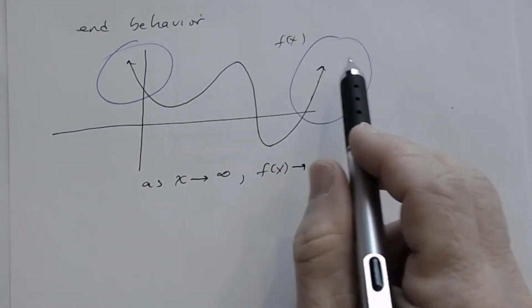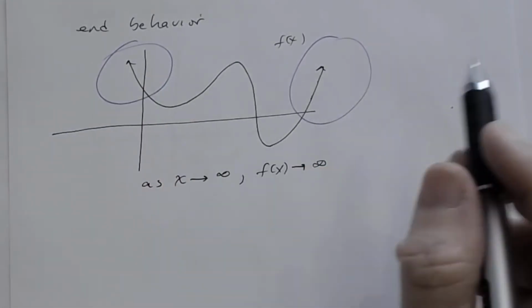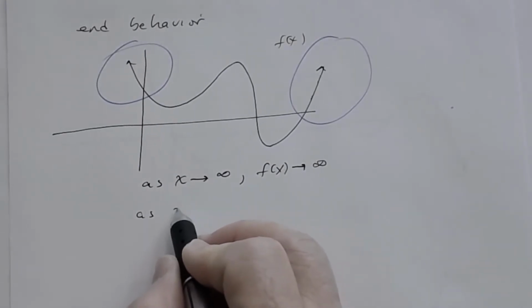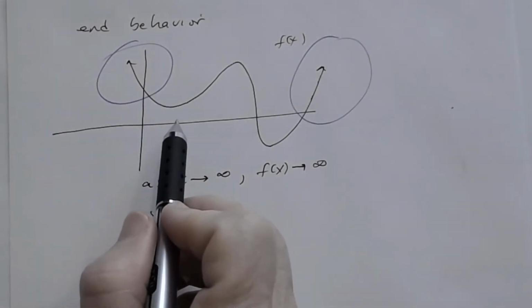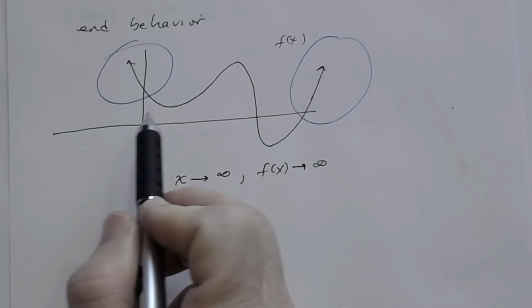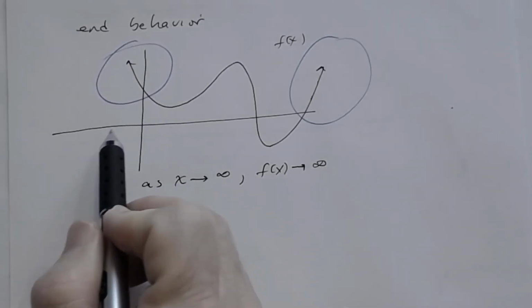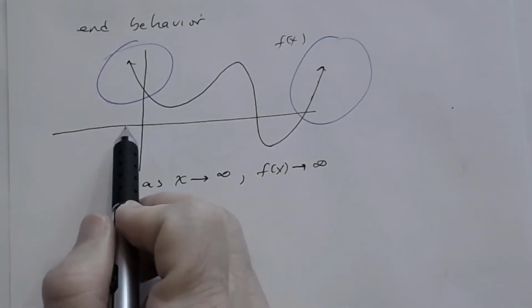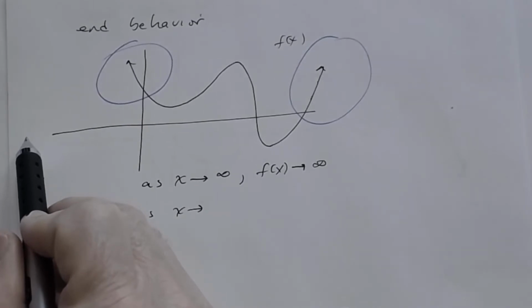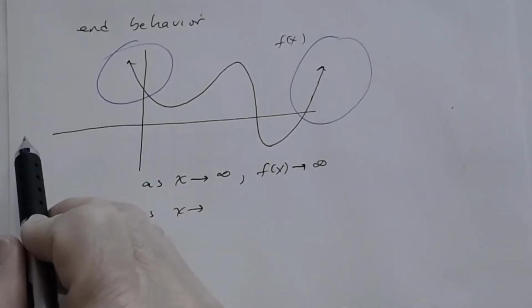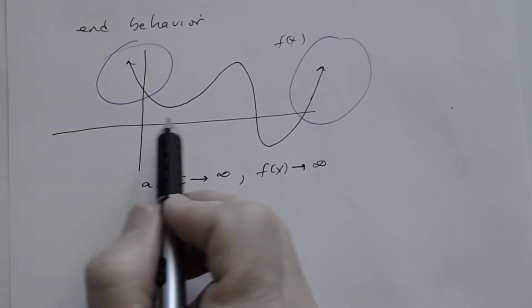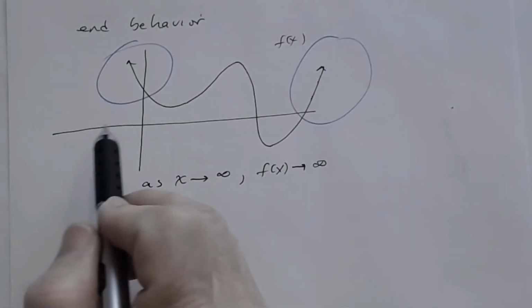Now let's look at the other side. That was the right behavior; now let's look at the left behavior. This time we're looking at this side. So as x approaches negative infinity, here's your x-axis, here's your y-axis, so we're getting more negative.